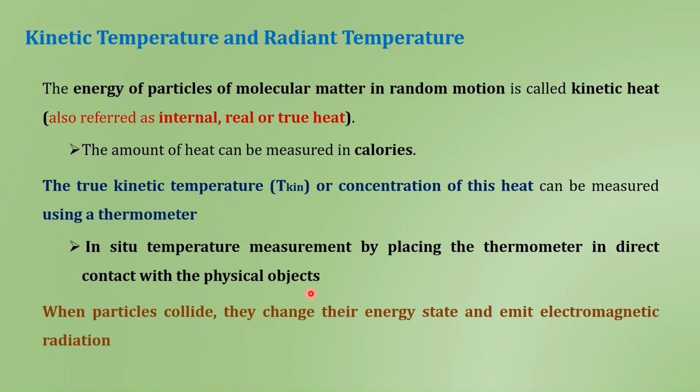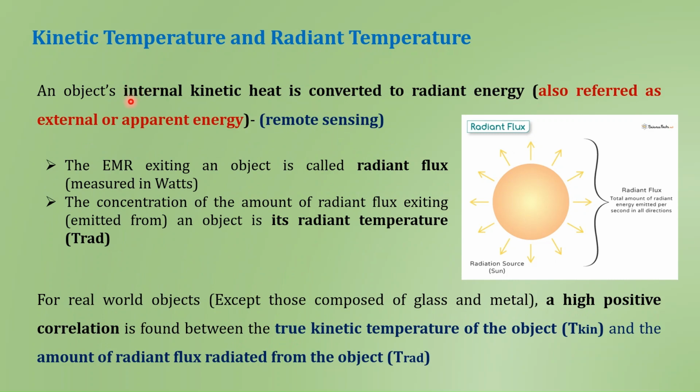During the molecular motion, when the particles collide, they change their energy state and emit electromagnetic radiation. Because of this, an object's internal kinetic heat is converted to radiant energy. This radiant energy is also referred to as the external or apparent energy, and it can be measured using remote sensing.